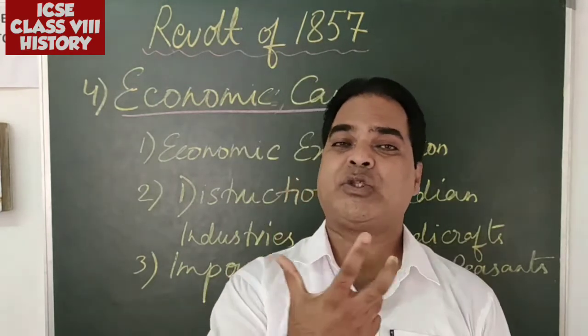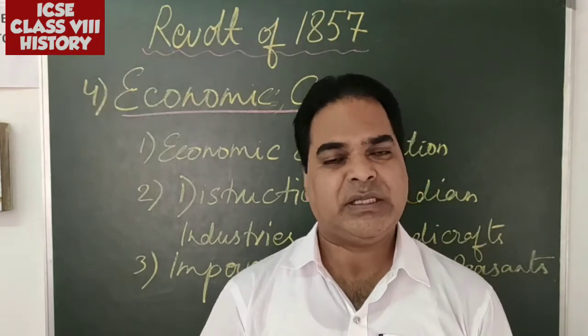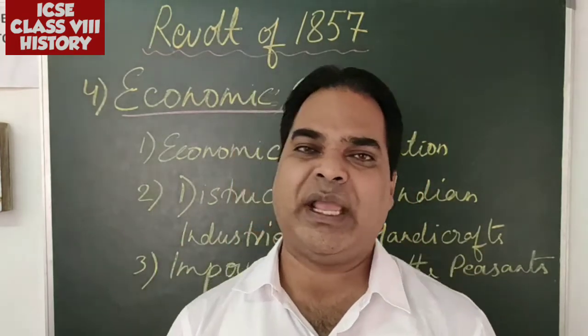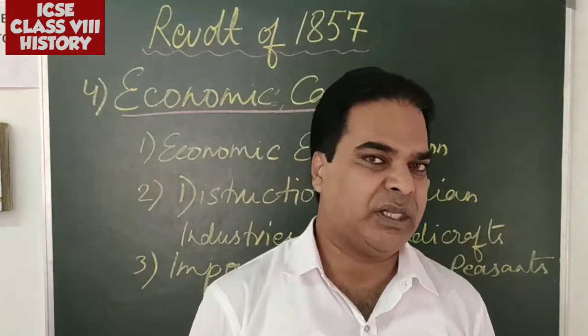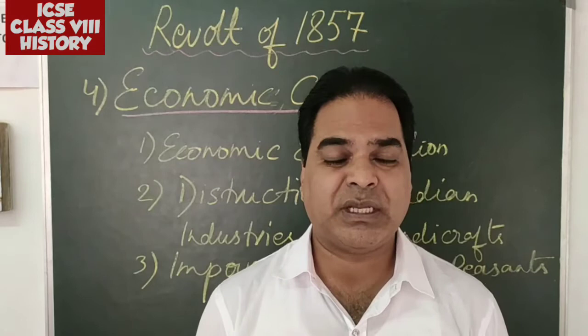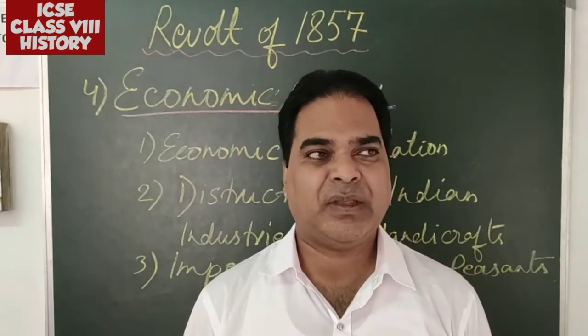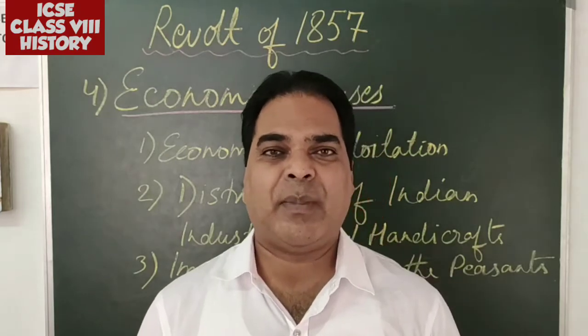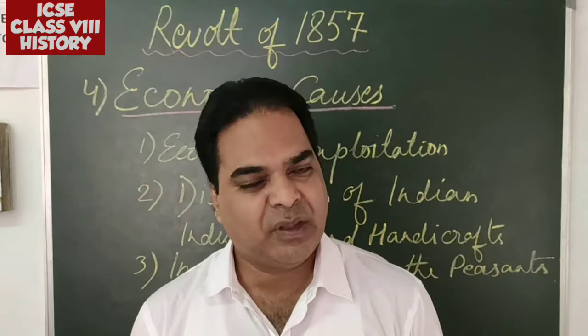They took raw materials to England, converted them into finished goods in the factories, brought the same thing and sold it in the Indian market. So India served two purposes for the Britishers. What were the two purposes? India provided raw materials, and India became the market for the finished goods brought by the Britishers.